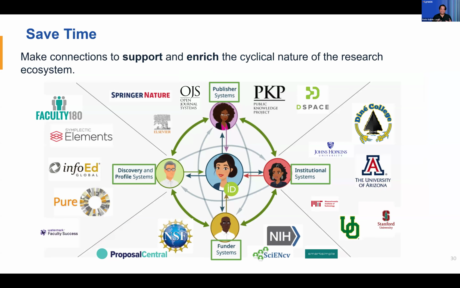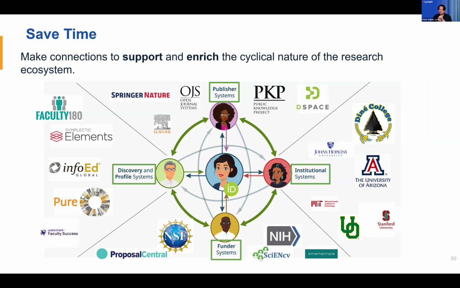So ultimately, like I said earlier, all of this is to really save you time as a researcher, because a lot of the things are interconnected. So interoperability between the different systems, from, say, your organization to a funding system, to a discovery system, and to a publisher system. All of this is interconnected.